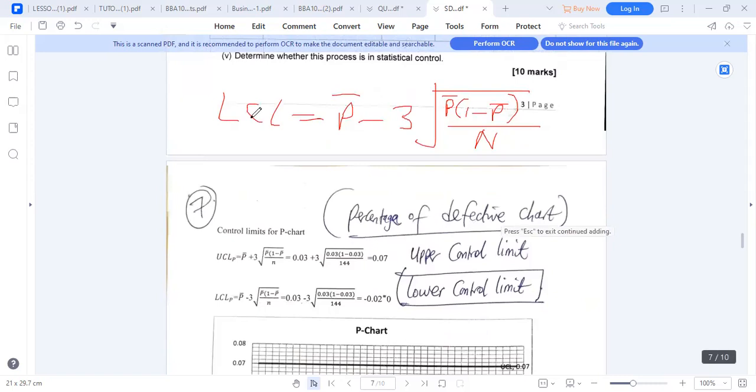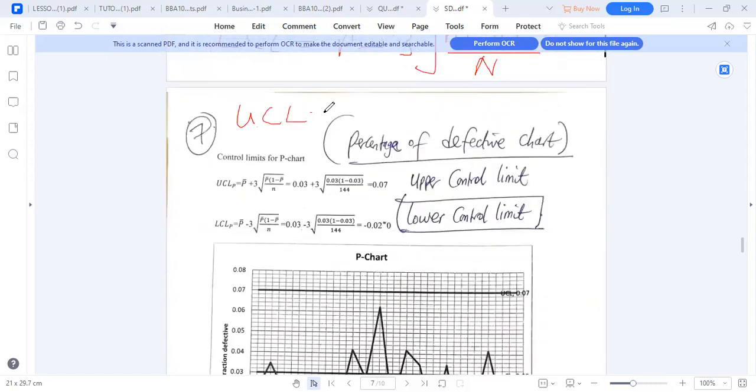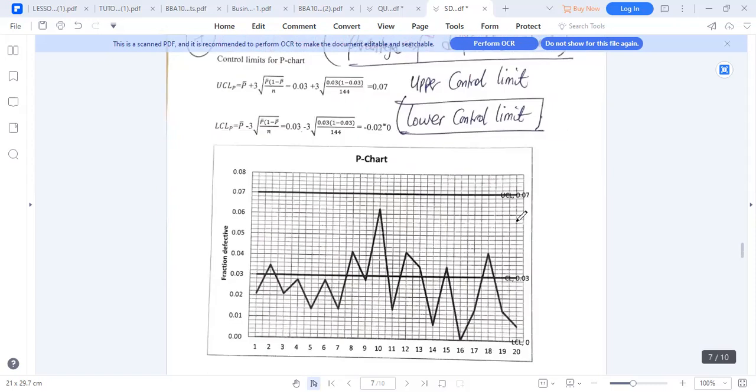Then our upper control limit for the P chart is the opposite: P bar plus 3 times the square root of P bar times (1 minus P bar) over N. So here we can see this is the upper control limit, this is P bar, the center line, and this is the lower control limit.